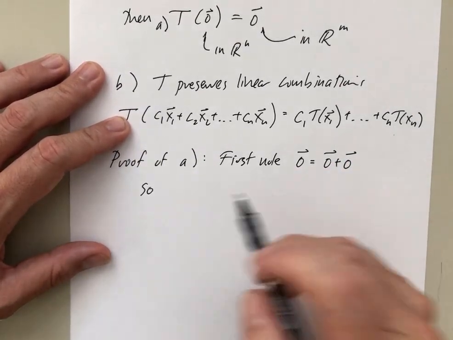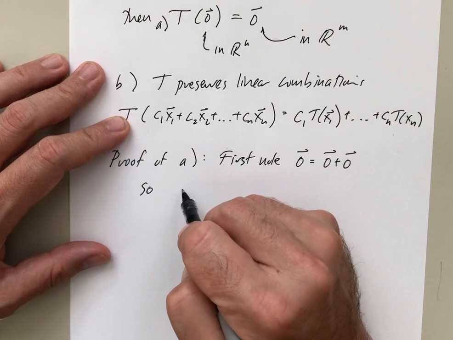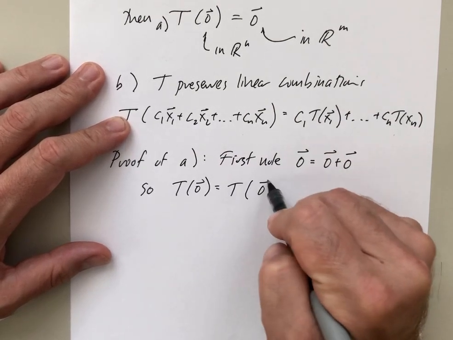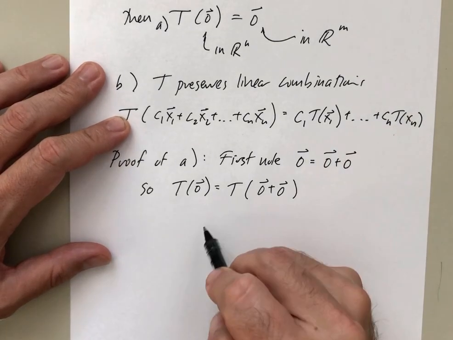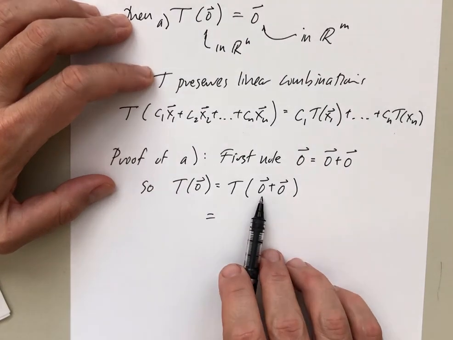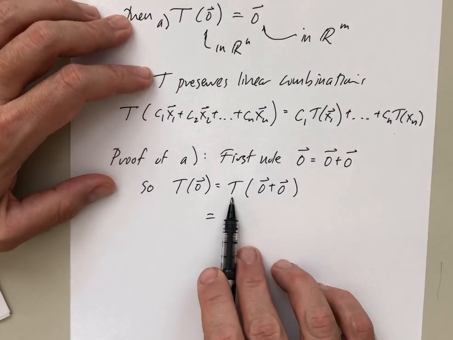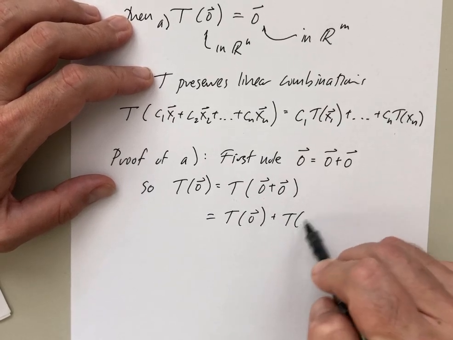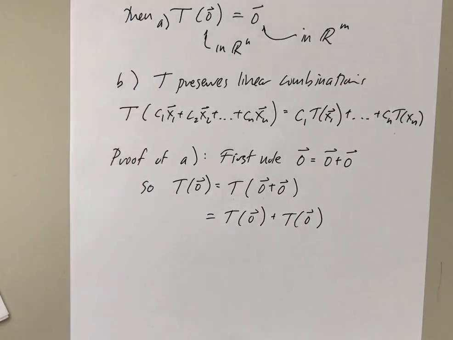So what we know is that T of 0 is equal to T of 0 plus 0. And now we're going to use the linearity property, which says that when you have the sum of two vectors and you apply a transformation, that's going to be applying the transformation to each one and taking the sum.